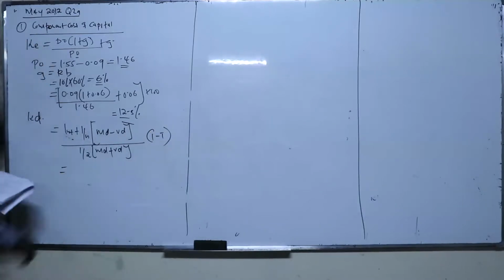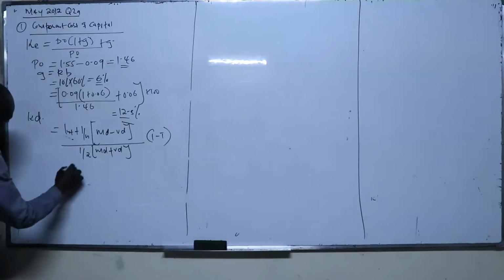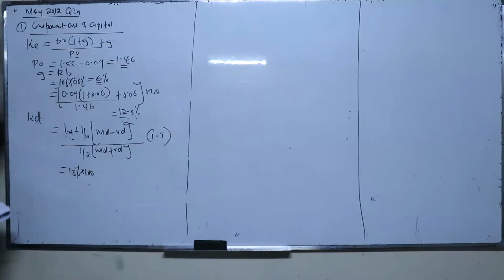The interest is based on the par value, isn't it? The company has 13% redeemable debentures with a nominal value of 7 million, trading at 105. So this is going to be 13% of 100, the par value.